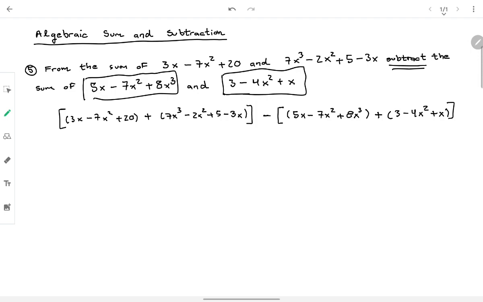So we can now do the additions inside the brackets. Then we will do the subtraction at the end. So we can start getting out of the parentheses. So it will be 3x minus 7x squared plus 20 plus 7x cubed minus 2x squared plus 5 minus 3x, minus, we can eliminate the parentheses because there are only positive signs. So we will put it exactly the same.